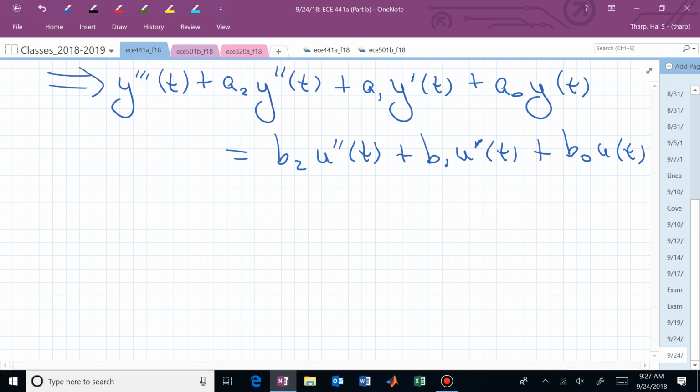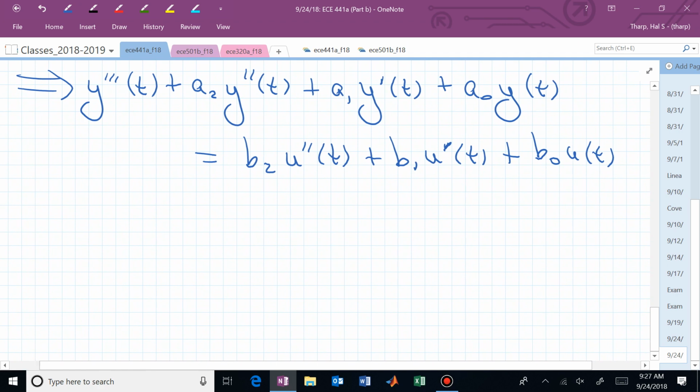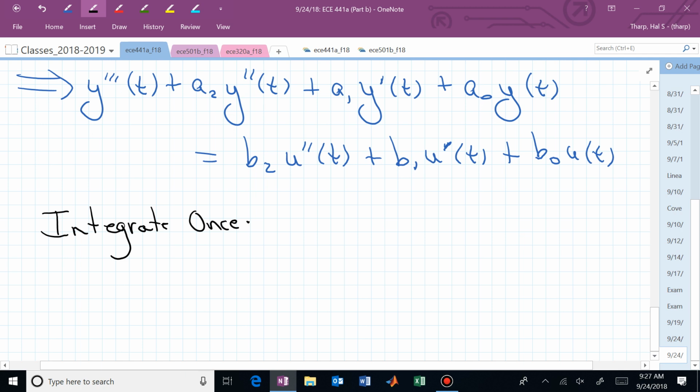If we integrate this once, y triple prime turns into y double prime. And I'm actually going to keep that by itself on the left-hand side and move everything else to the right-hand side.